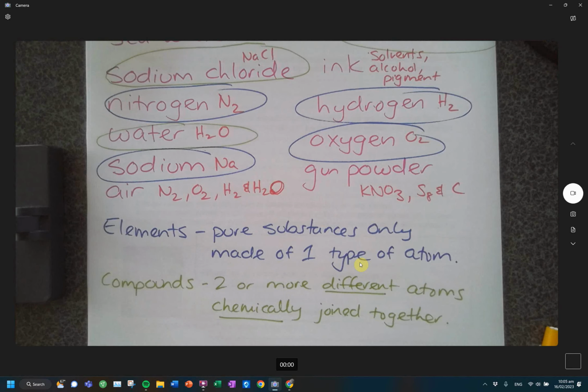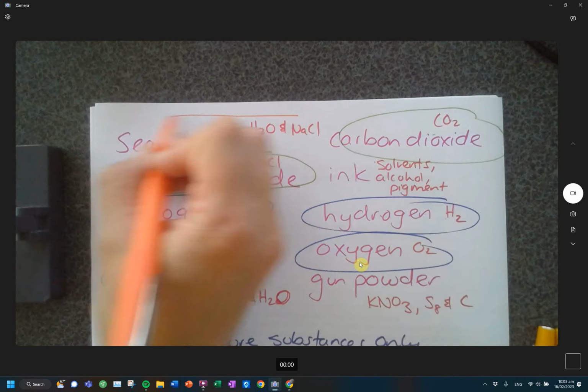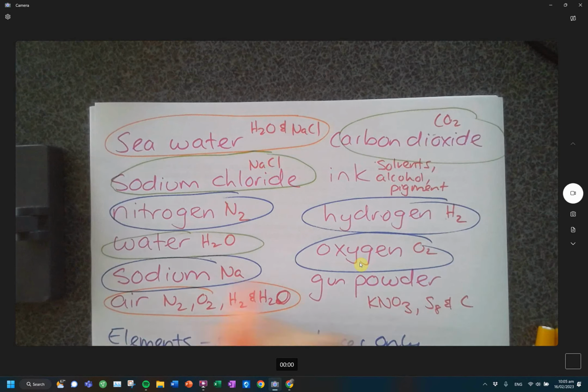Goes M-I. Minerals? That's a good guess, but again, not what I'm looking for. M-I-X. Mixtures. So the last group here are mixtures.